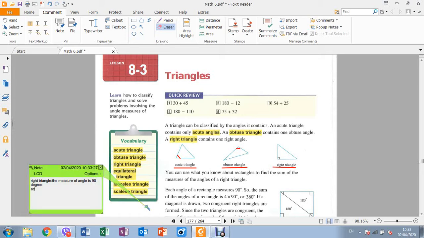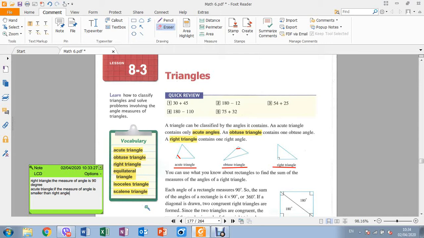Acute triangle. When the angle of the triangle is smaller than 90 degrees, the measure of the angle is smaller than a right angle.